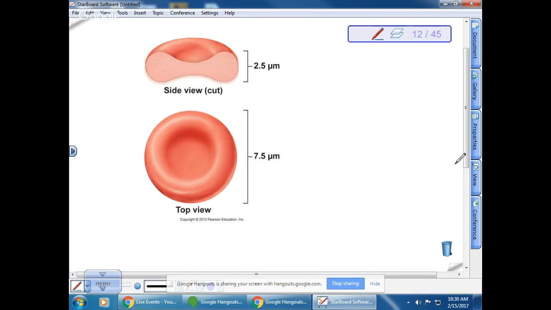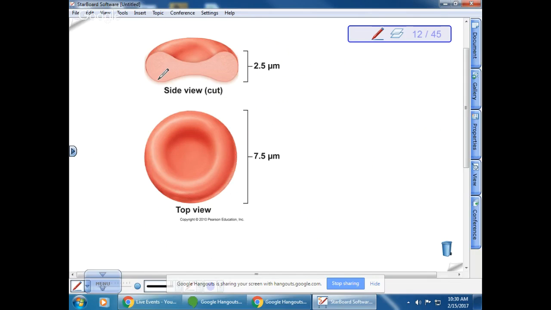Okay, so this is the diagram of the red biconcave disc. And the thing about this biconcave disc is it's maintained by the cytoskeleton. And the cytoskeleton inside the red blood cell is very flexible. And so when we think about the capillaries themselves, they are so small that really only one red blood cell can travel through them at a time.